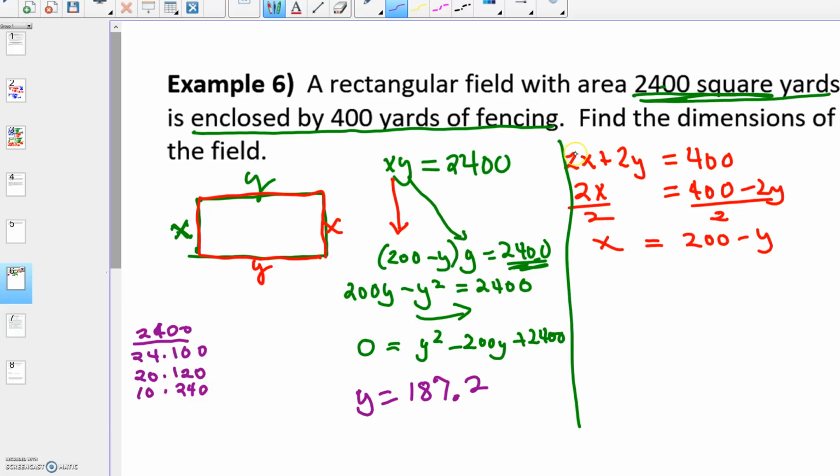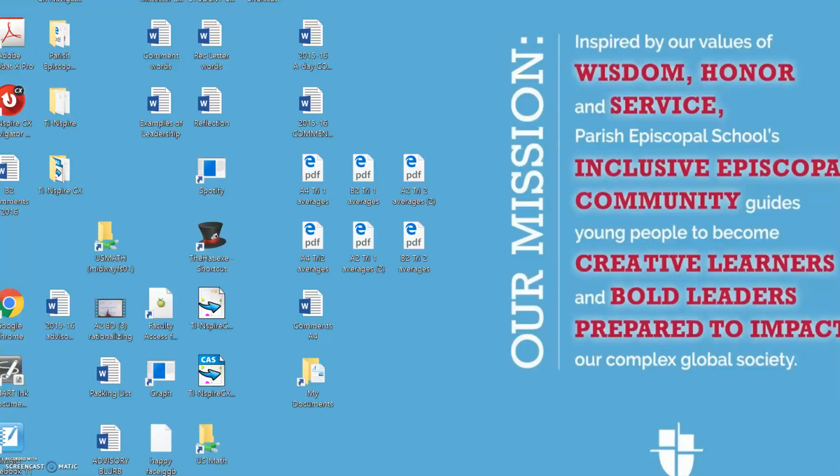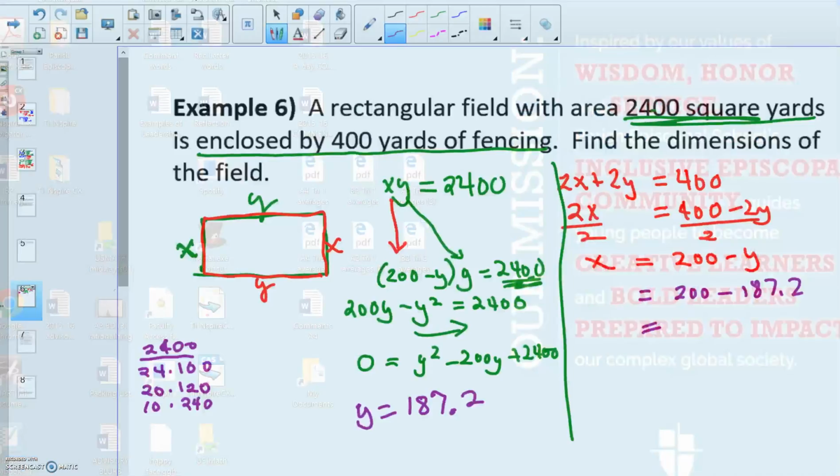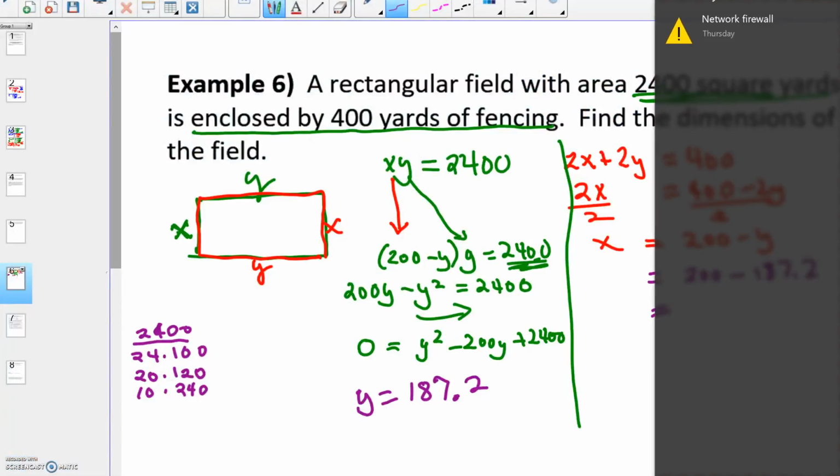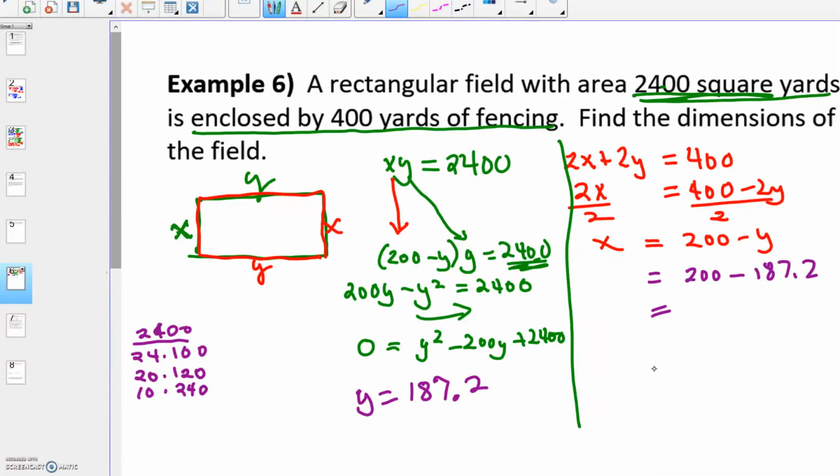So x is equal to 200 minus 187.2, which is about 12.8. All right, y'all give it a try. Obviously, you can see where I tried my factoring, which didn't work. So maybe just go straight to the quadratic formula.